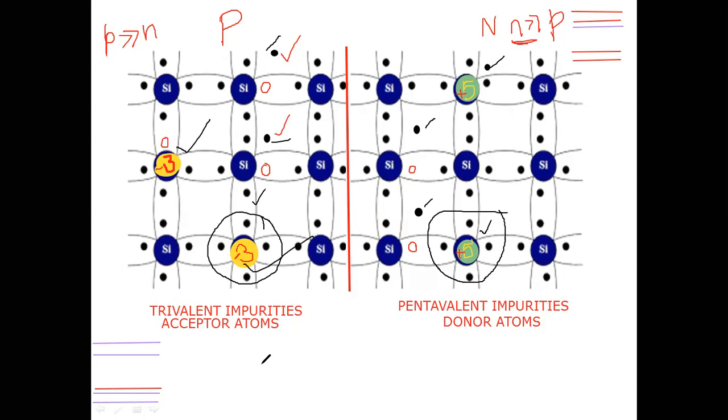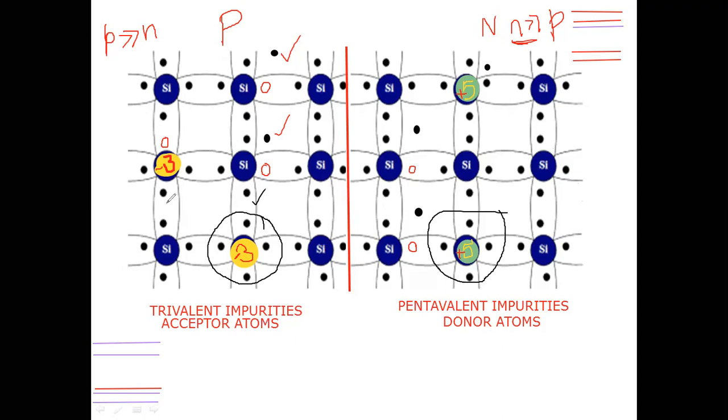So total positive charge must equal total negative charge. This equilibrium condition must be satisfied throughout the process, right?